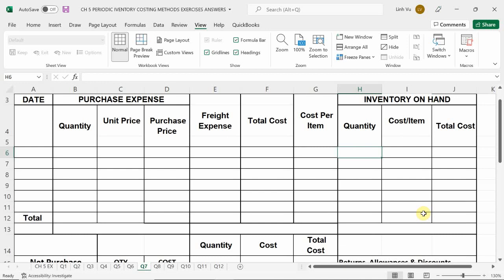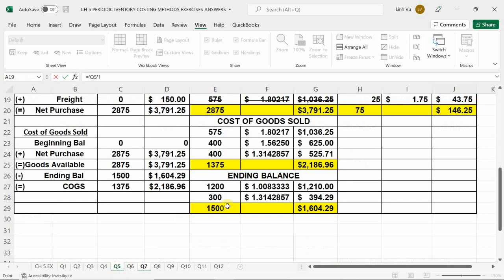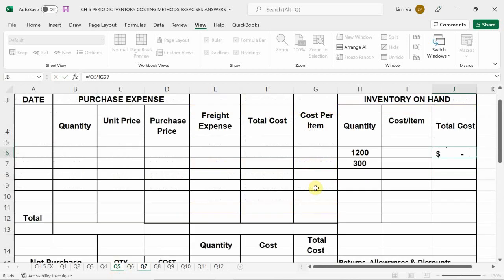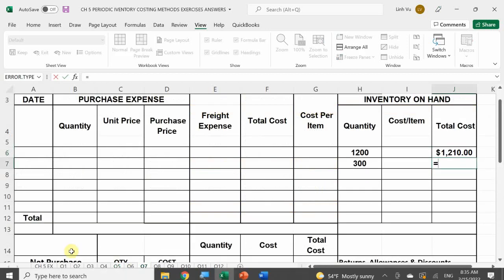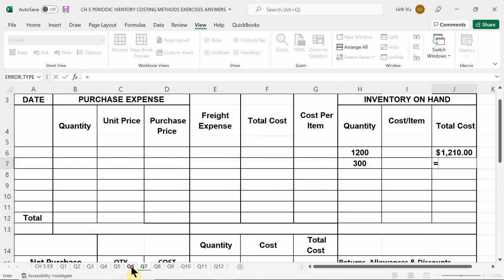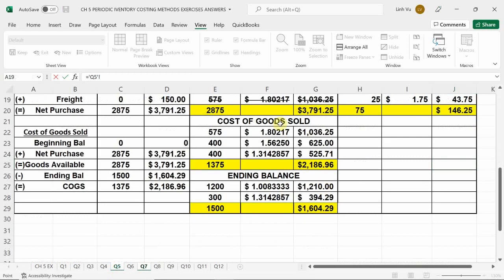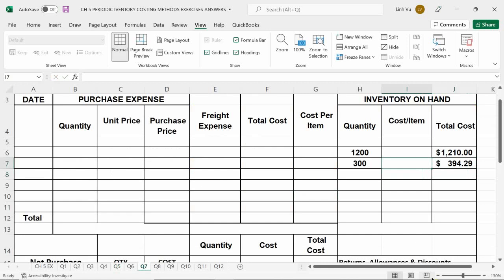Here we go, we've got 1,200 and 300. We copy exactly in the order that we see here.